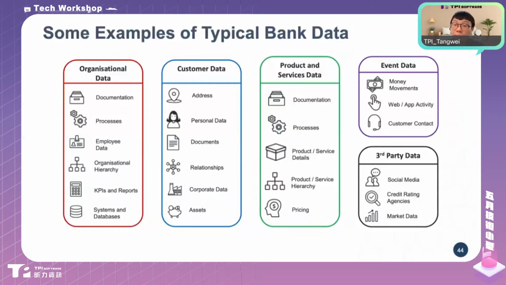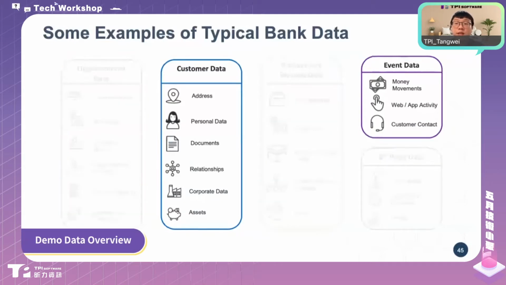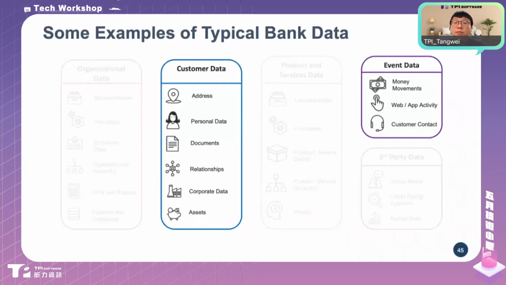You can have information about your customers, about your products, or even data on payments or money transfers, or even third-party data like social media or credit rating agency data. But today, we are really going to be focusing on just 2 or 3 areas. We are going to be looking at customer data, specifically identifications you might have about a customer, and event data, like the movement of money, the transactions between accounts.